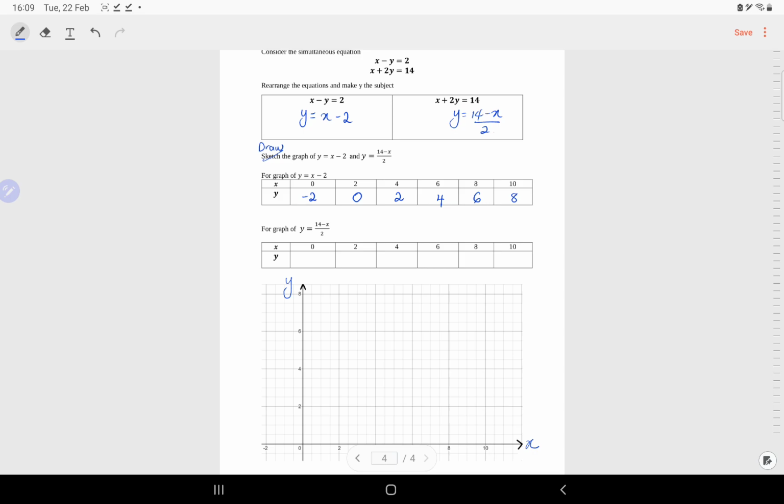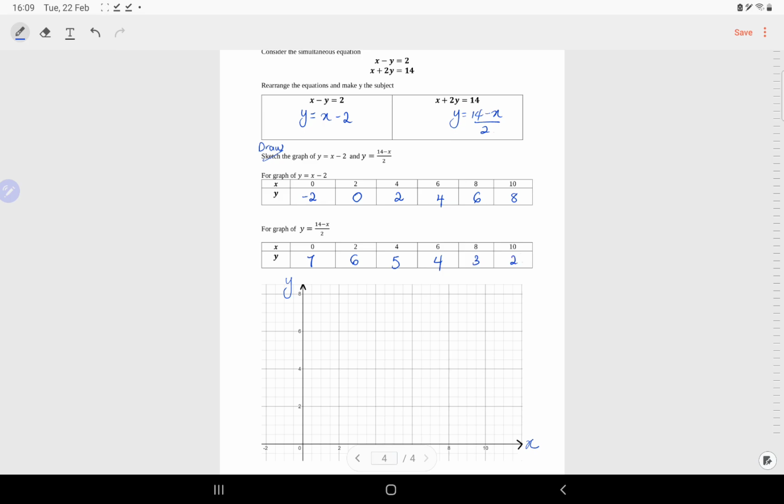For the next graph, y equals 14 minus x over 2. If we put 0 in there, y is 7. Substitute 2, you get 6. And then 5, 4, 3, and 2.